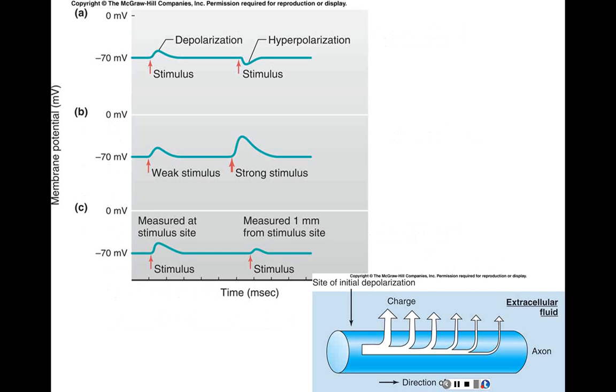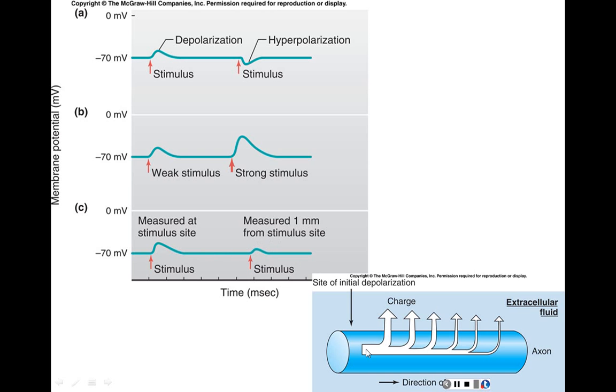Here are some pictures to illustrate. They can be depolarizing or hyperpolarizing, and they can vary in magnitude, a weak stimulus or a strong stimulus. They're conducted decrementally: here's the stimulus site, and if we move away 1 millimeter, as we get farther away, it becomes smaller.